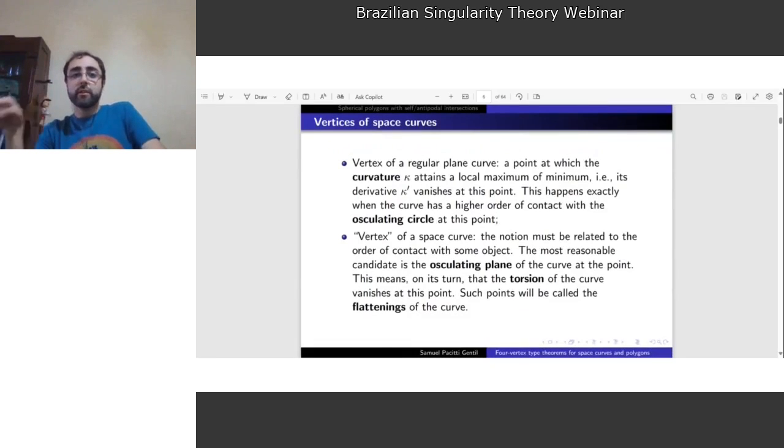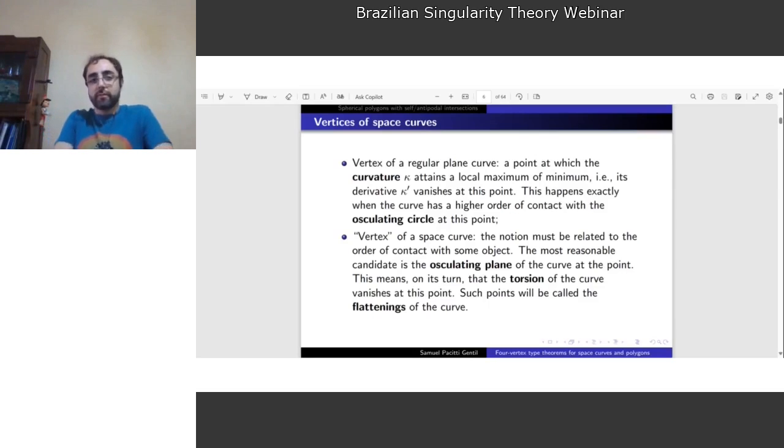Okay, recall that the vertex of a regular plane curve is a point at which the curvature attains a local maximum or minimum. In other words, its derivative vanishes at this point, because we are assuming that our curve has as many derivatives as we want. And this happens if and only if the curve has a higher order of contact with the osculating circle at this point, as we know from the theory of differential geometry of curves.